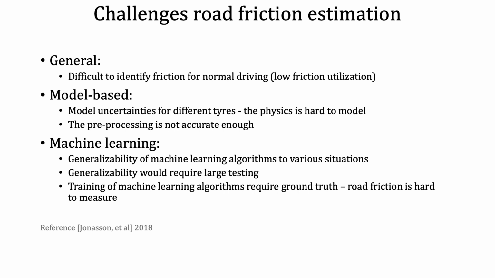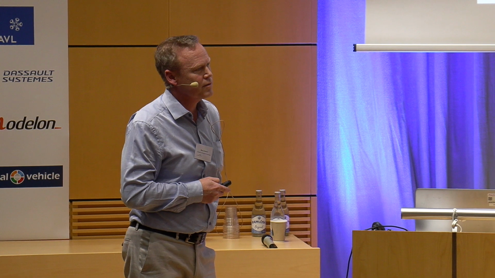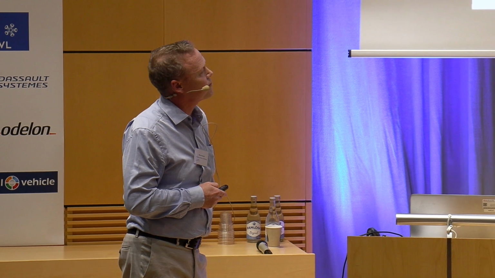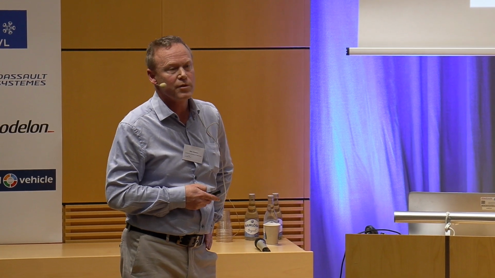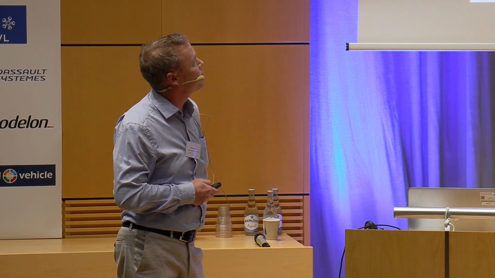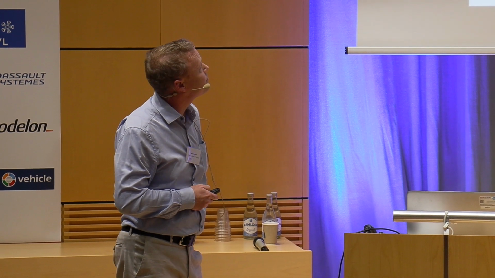Trying to summarize the challenges, it's that during normal driving it is very hard to estimate friction independently of machine learning or physical-based modeling. For the model-based, it's hard to model the physics. There are so many types of tires with different parameters. And pre-processing is very hard to do exactly.